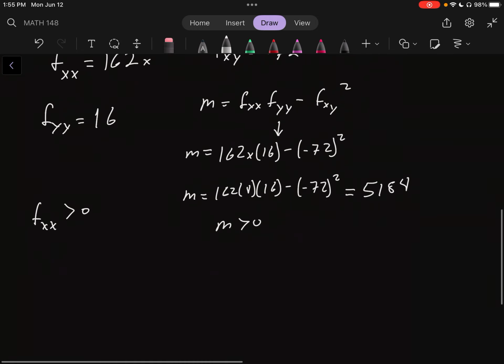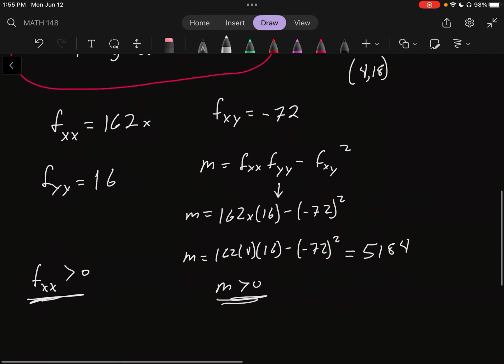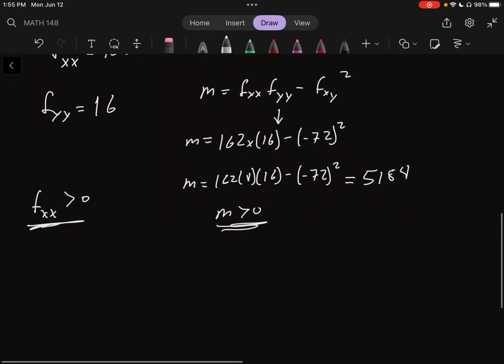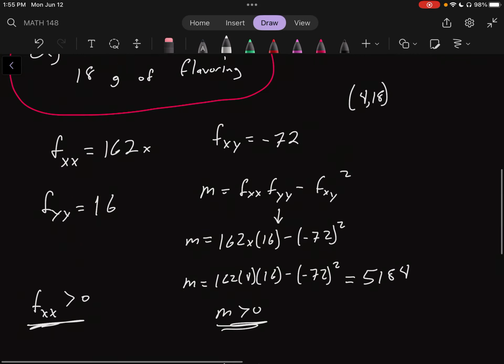So now that we have these two, we can tell that the critical point (4, 18) is a local minimum, right? Yep. Because fxx is greater than 0 and m is greater than 0.